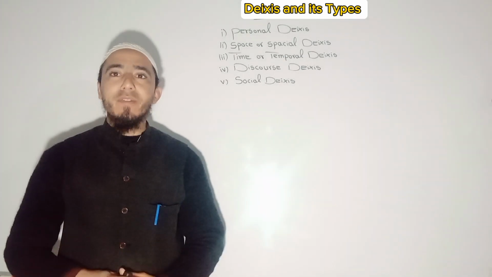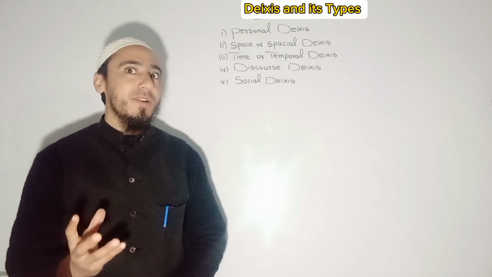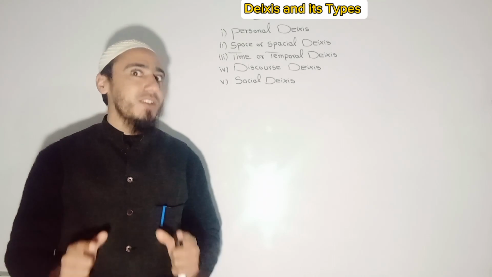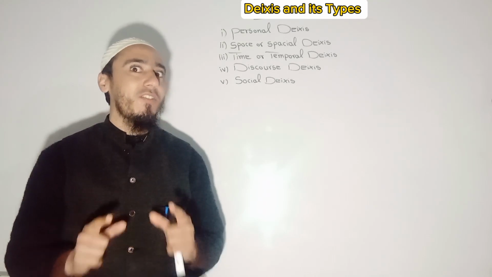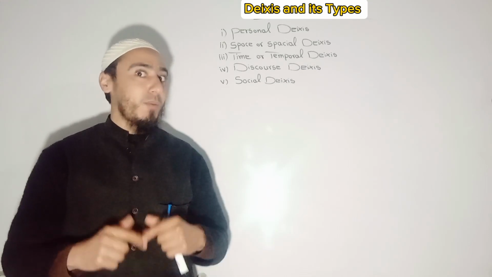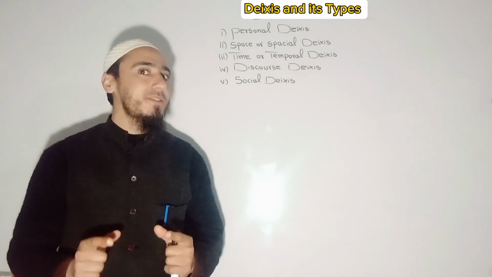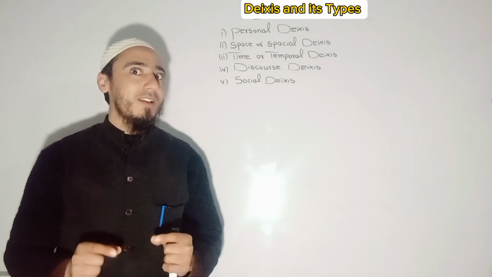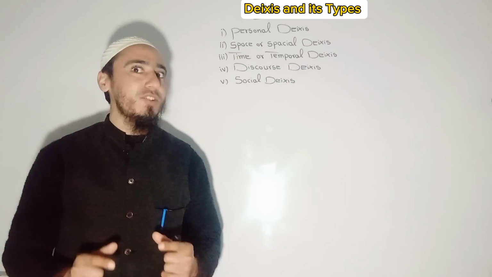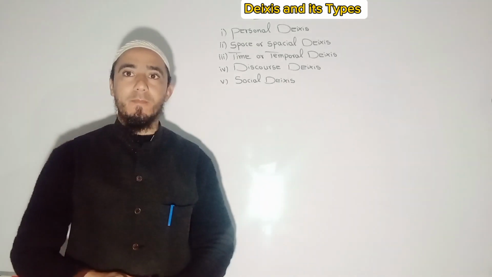Listeners and audience, whenever we are talking about deixis, deixis refers to any expression or linguistic form that accomplishes pointing. I'm repeating. Deixis refers to any linguistic form or expression that accomplishes pointing.